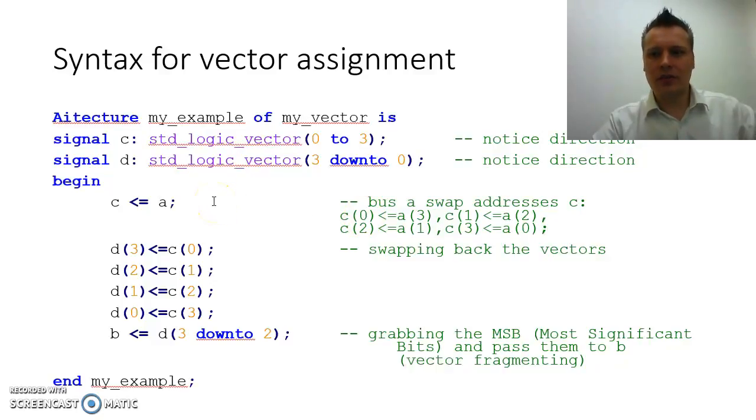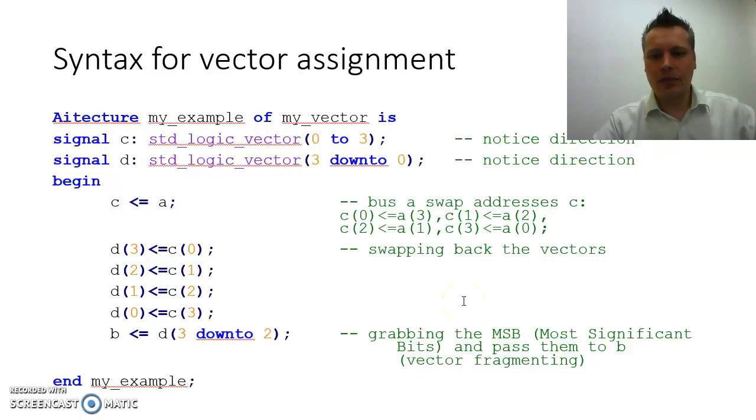We can then also swap back the vectors. This is something you can do if you don't want to use this clever trick here. We simply specify on our signal that we can go from C to D in a regular way, so we use this assignment operator, a mapping operator.